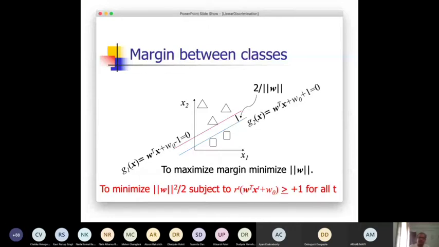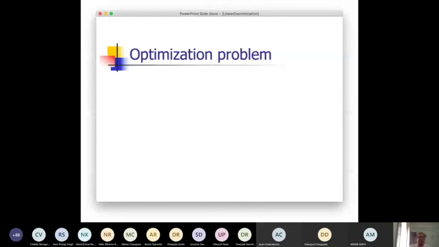And this is the constraint I was mentioning, that all these constraints should be satisfied. Is it clear? Okay, so let me proceed. We'll be discussing this optimization problem now.